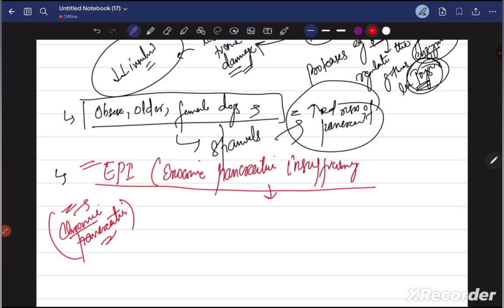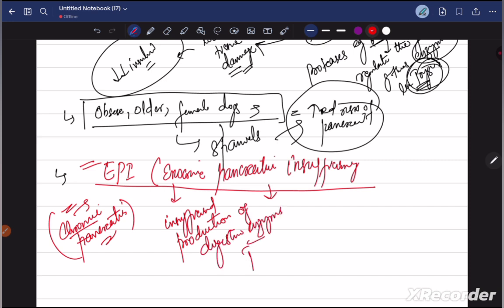What happens in exocrine pancreatic insufficiency? The name itself suggests that there is insufficient production of digestive enzymes, like trypsin, so there will be decreased digestion of food.